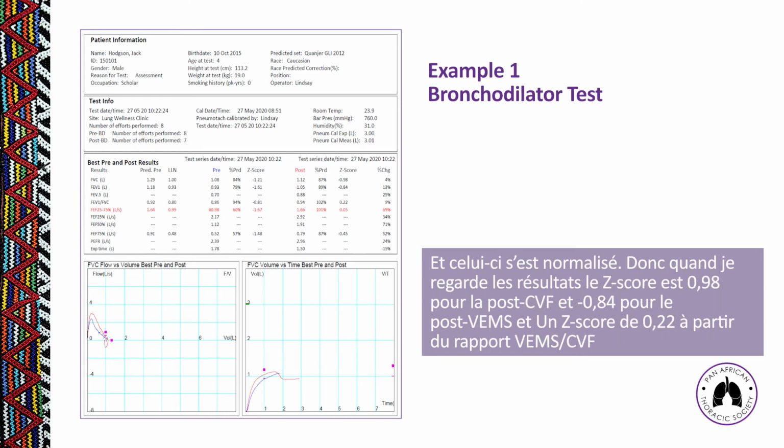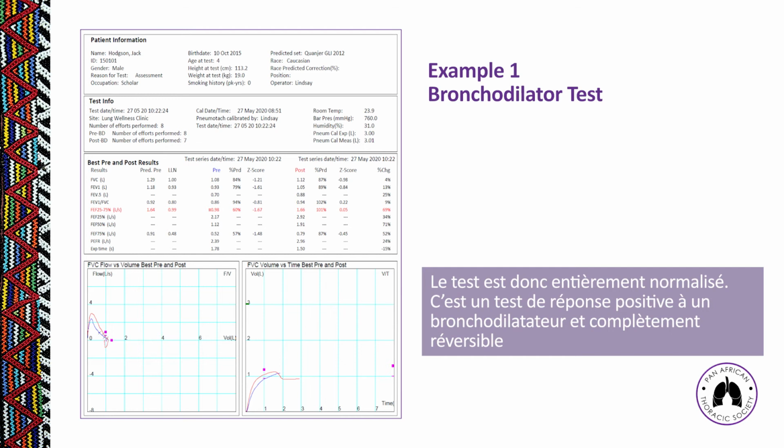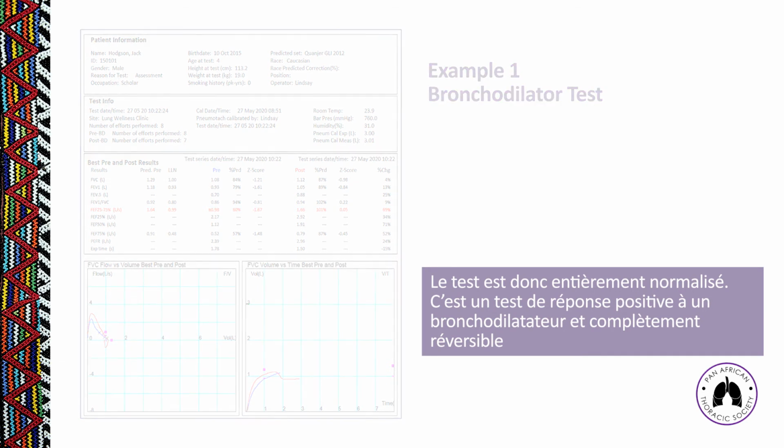Now, this one has normalized. When I look at the results, the Z-score is 0.98 for the FVC post, minus 0.84 on the FEV1 post, and 0.22 Z-scores on the FEV1 FVC ratio. So this test is completely normalized, and therefore we have a positive bronchodilator response and complete reversibility.